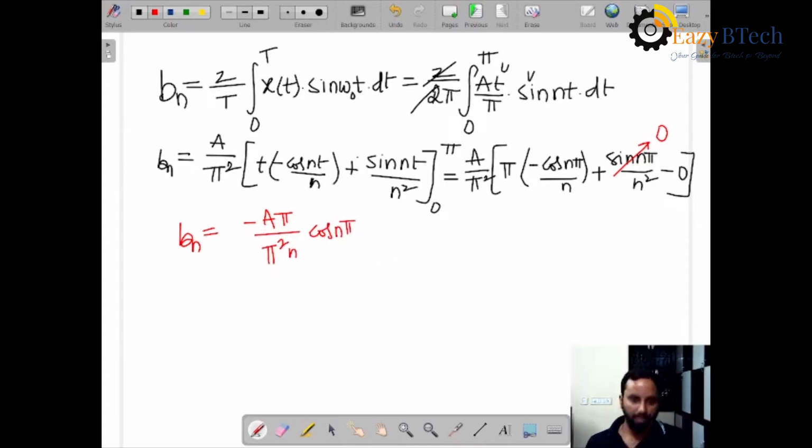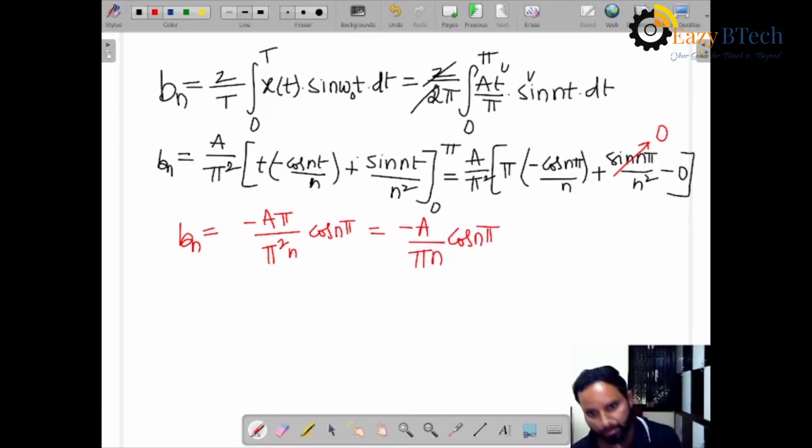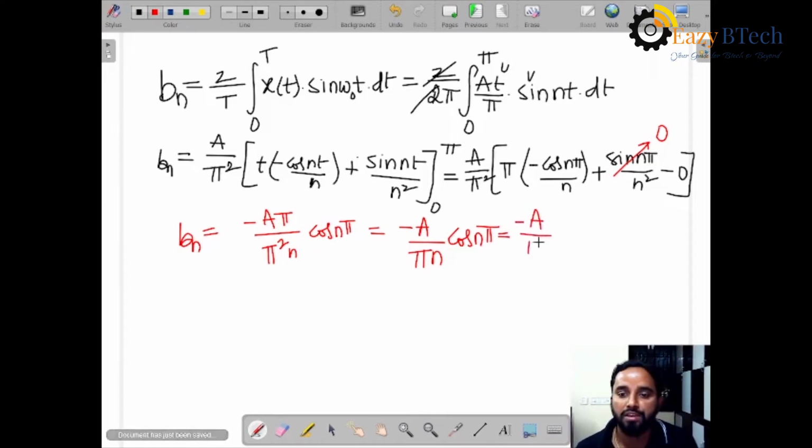Here pi gets cancelled, so minus a by pi n cos n pi. Cos n pi value is minus 1 power n, so we can write that as minus a by pi n minus 1 power n. So this is the bn.